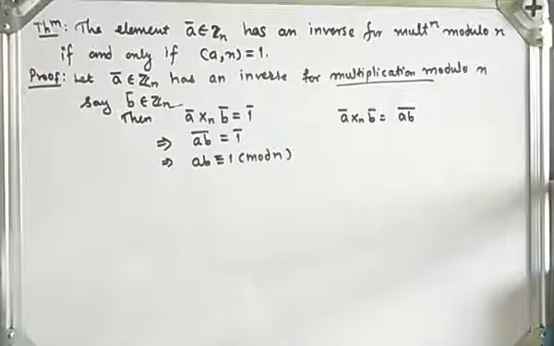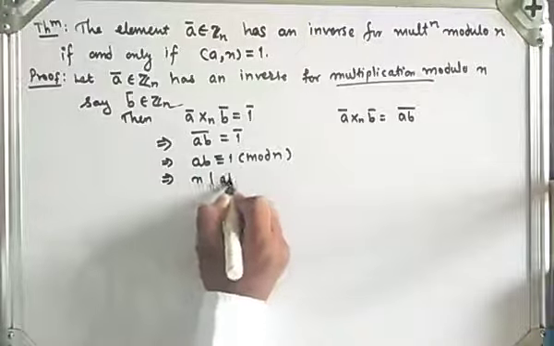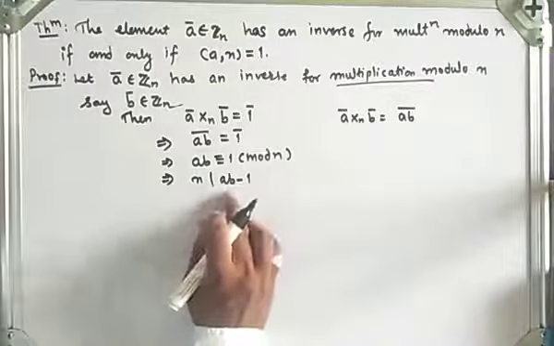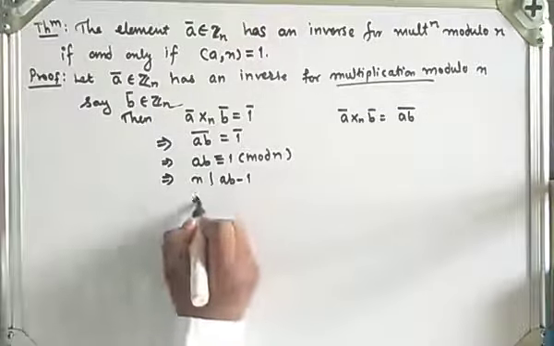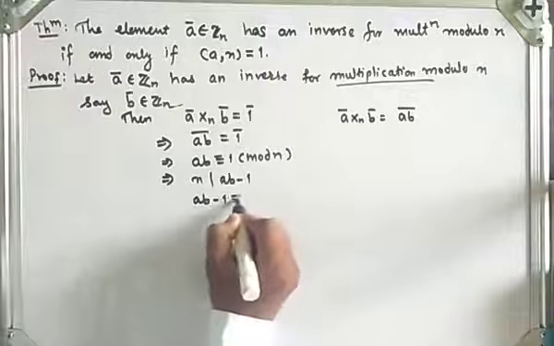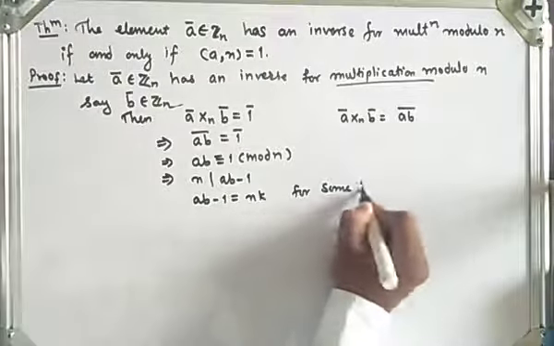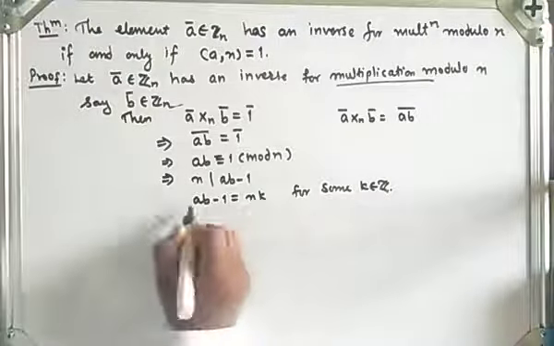Then by using the definition of congruence, n divides a into b minus 1. By the definition of divisibility, a into b minus 1 is equal to n into k for some k belonging to the set of integers. So I will write n k on the left side.